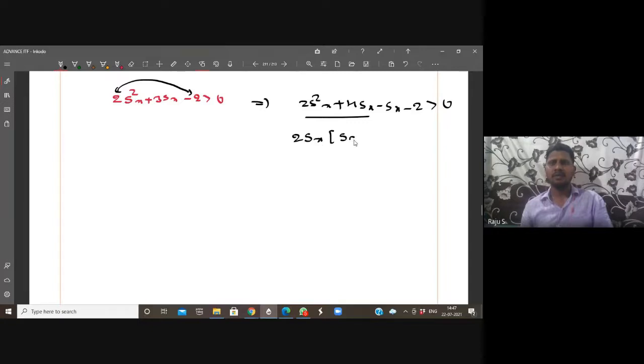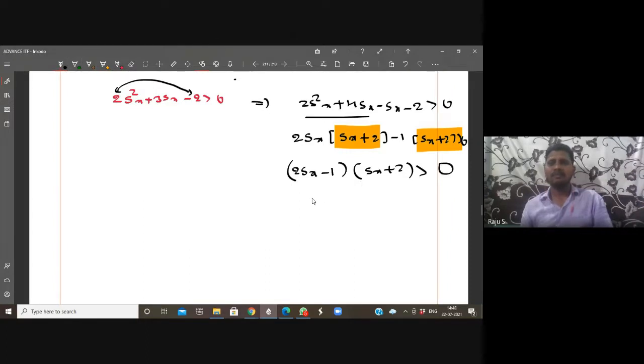When we take it, 2 sine x plus 2. Here -1 is common. Sin x plus 2 is greater than 0. So 2 sin x minus 1 into sin x plus 2. Again, sin x plus 2 is common. If I take sin x plus 2, we are getting like this. Now, 2 sin x minus 1.